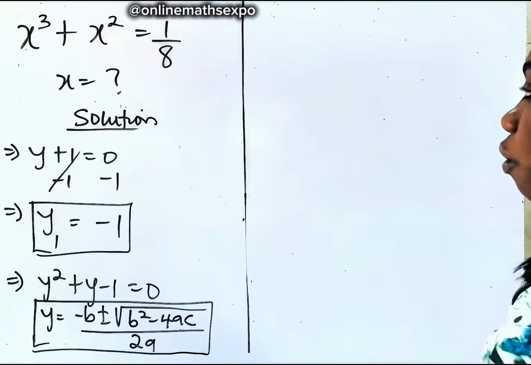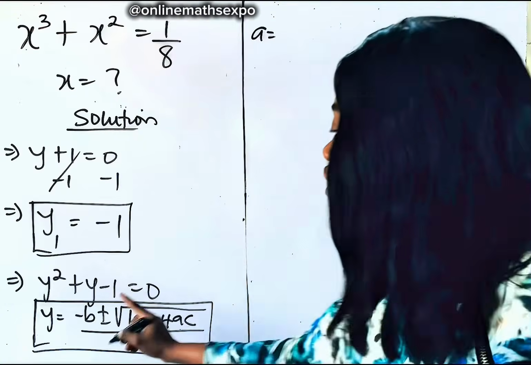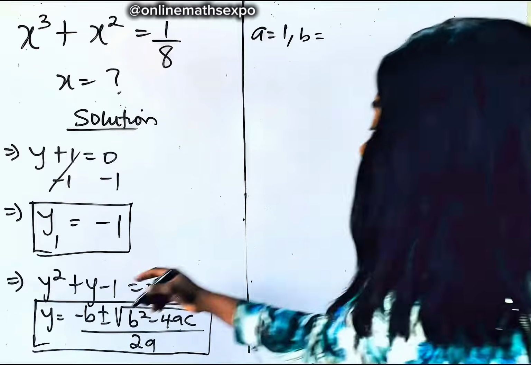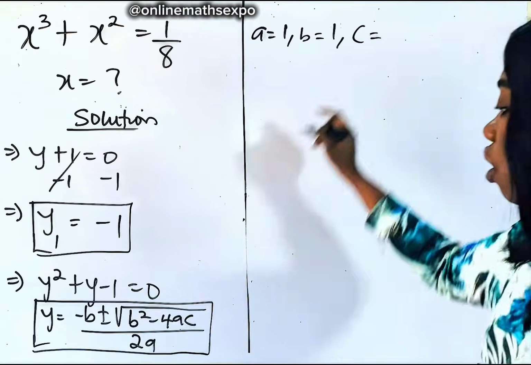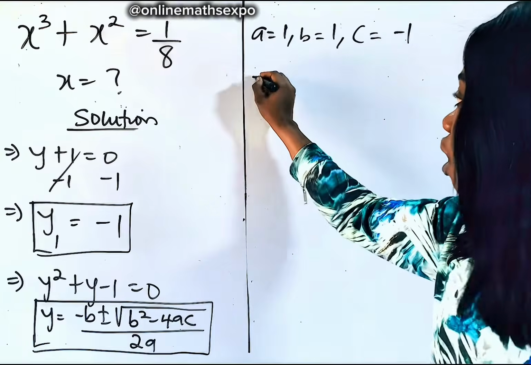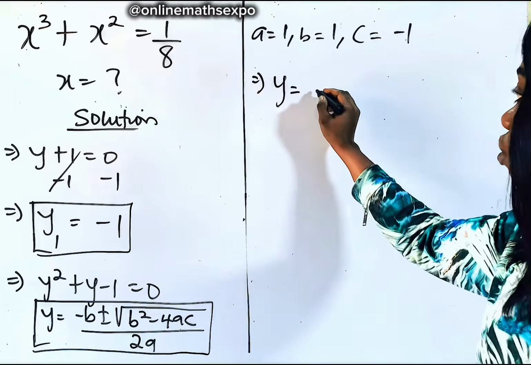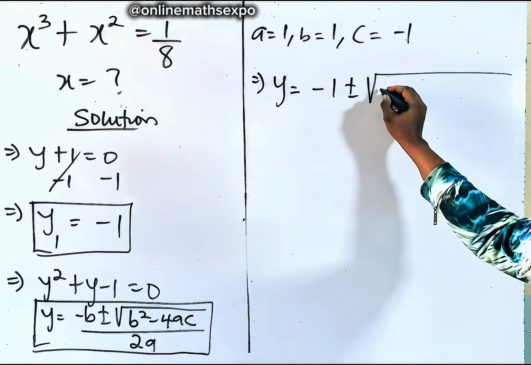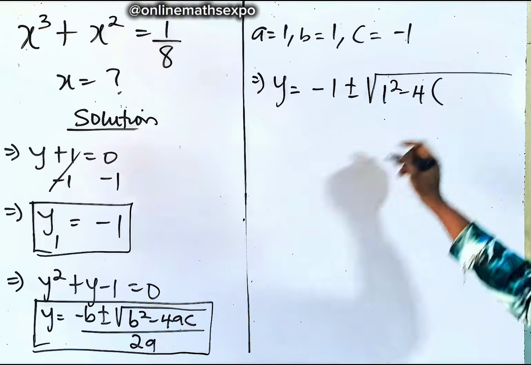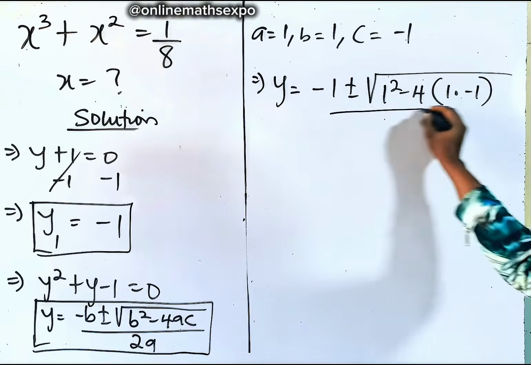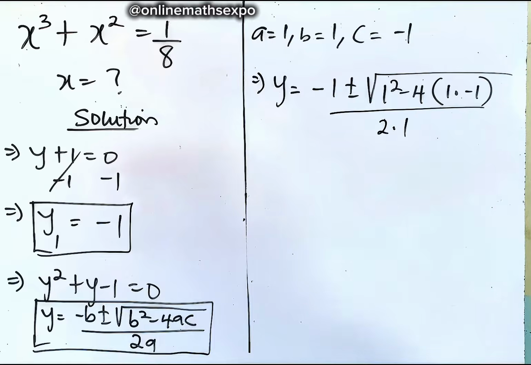Our a is the coefficient of y squared. Our b is the coefficient of y, which is 1. And c is the constant, which is -1. So plug this here. Our y is equal to negative of 1 plus or minus square root of 1 squared minus 4 times our a, which is 1, multiplied by -1, divided by 2 times 1.